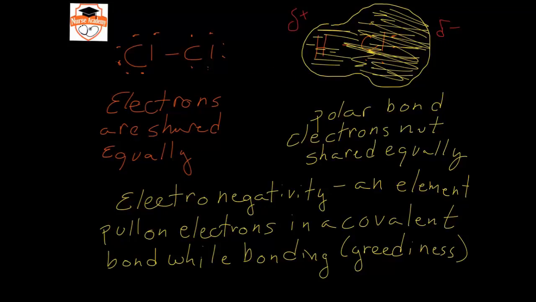And we can look at the same basic principle with water. If we have oxygen, the oxygen is making bonds with hydrogens, and we draw an electron cloud around this structure showing where the electron density is.